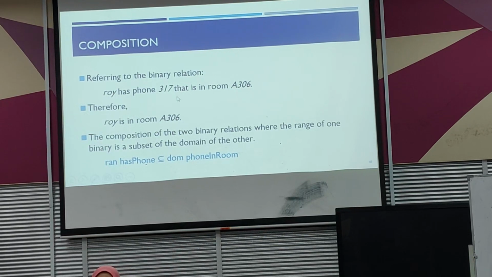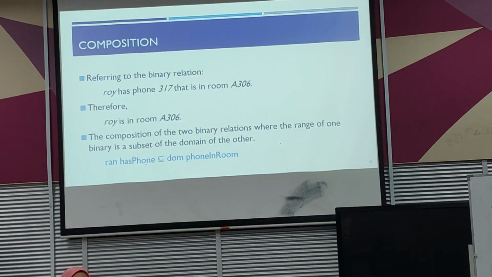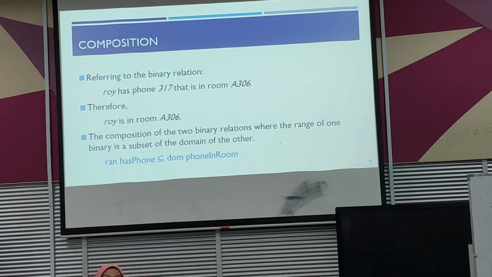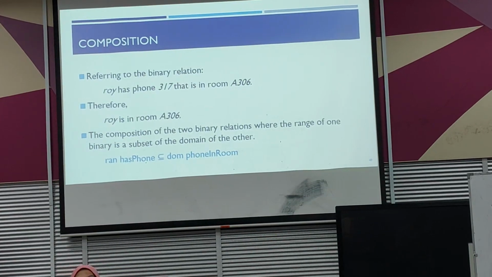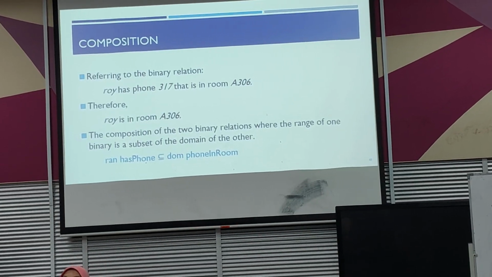We want to eliminate the phone number here because it's the same thing. Rather than saying this person uses this phone, and this phone is in this room, why not just say this person is in this room? So you skip the middle part. Make sure that when you skip it, the middle part must be the same: a matching pair. If not matching, you cannot do that. We call that composition.